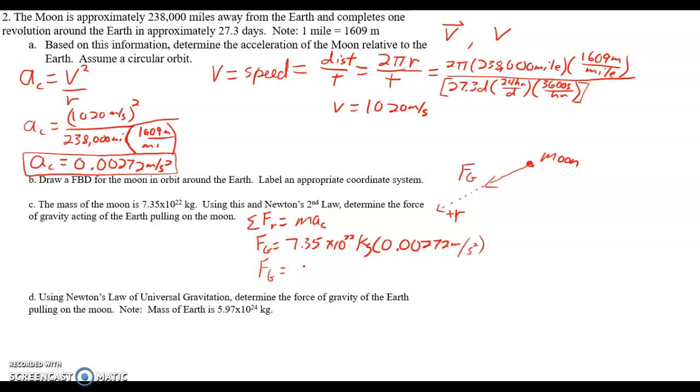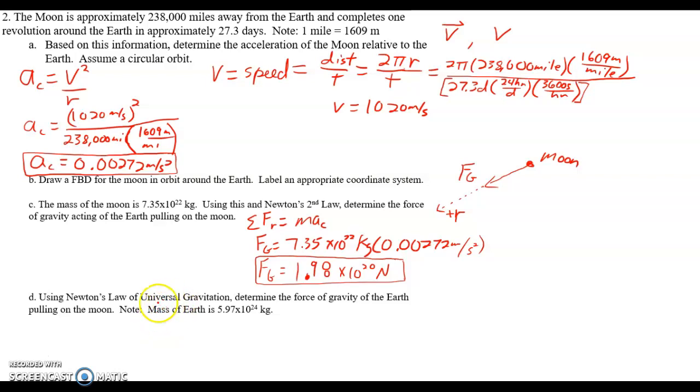And this comes out to 1.98 times 10 to the 20th newtons. That's a rather large force, which makes sense, because to get the moon to keep changing direction requires a large force.